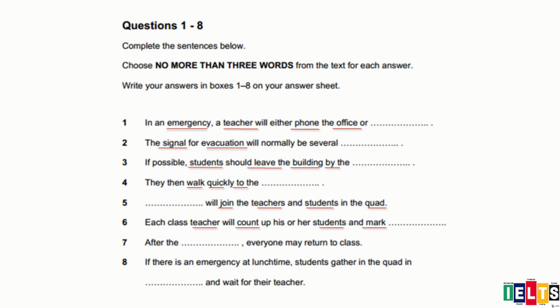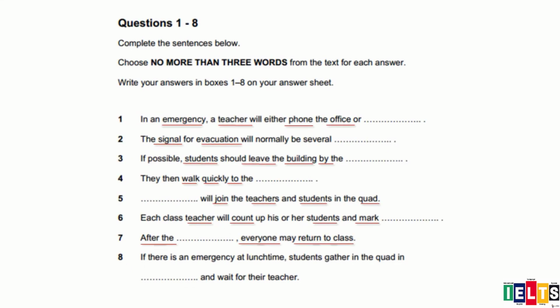After the something, everyone may return to class. First, underline any keywords. I would underline after the, everyone, return to class. Then go back up to the text and scan the text for the answer.